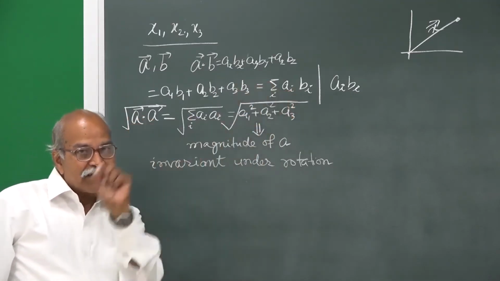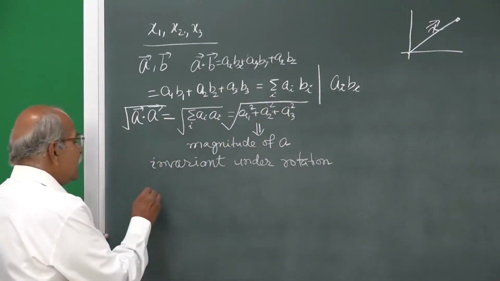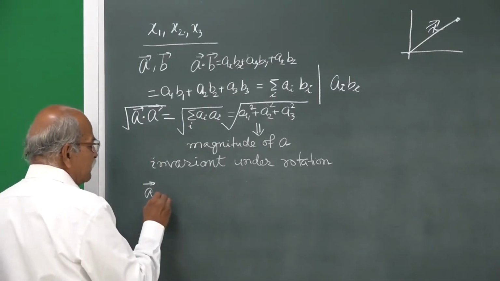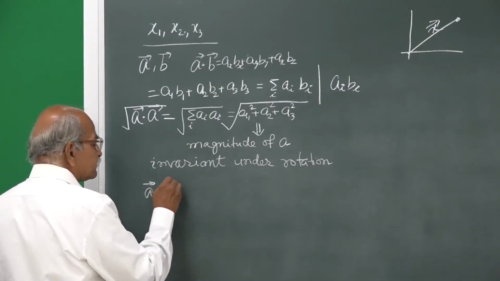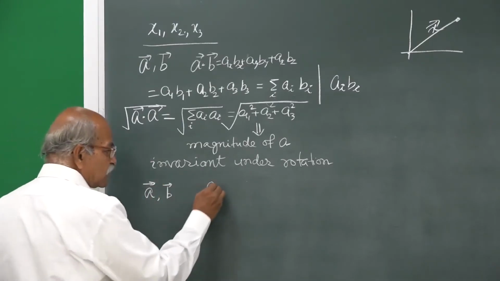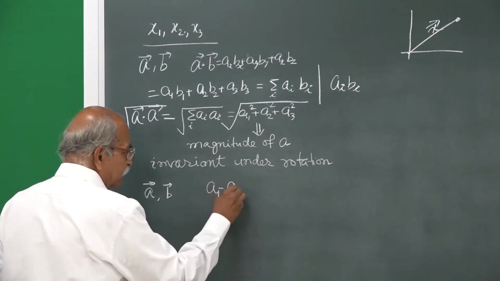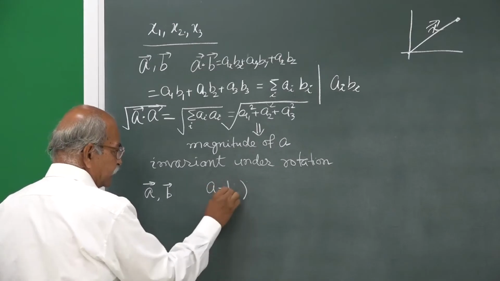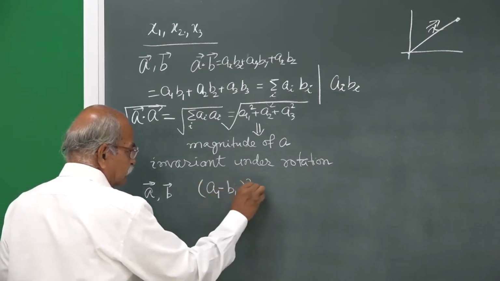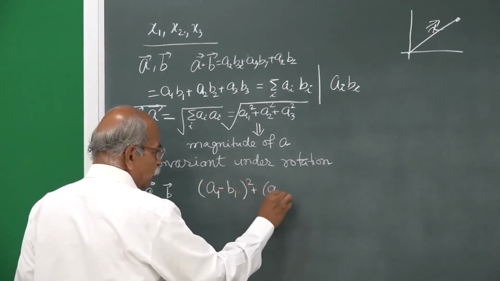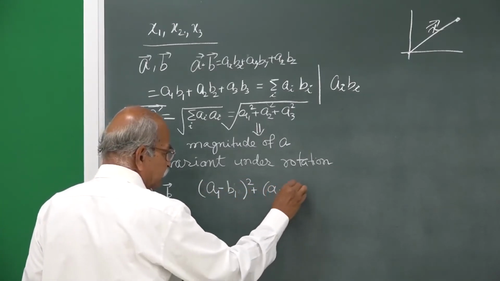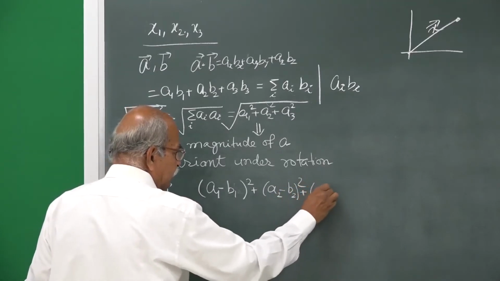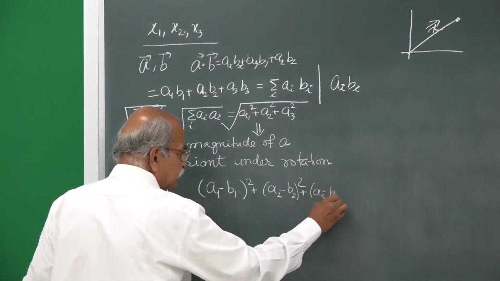And if you have two vectors, A vector and B vector, and you construct this quantity, A1 minus B1 square plus A2 minus B2 square and plus A3 minus B3 square.